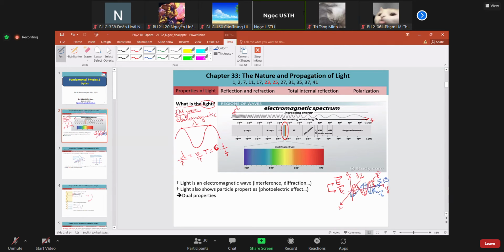But normally when you learn about optics, later you will see that when we consider the interaction of light with other materials, we just care about the electric field component. So normally we just use this component to describe light in this course.